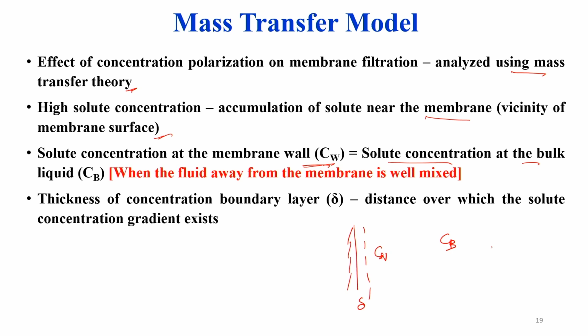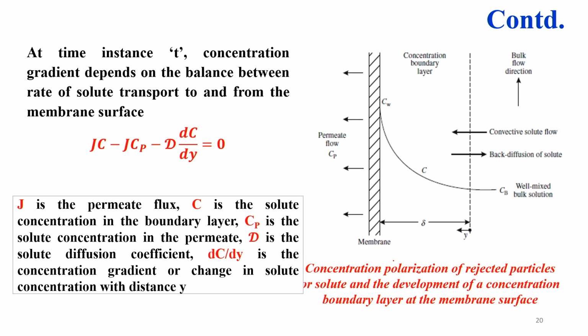For the time being you can consider Cb as Cw, and this is the thickness of the concentration boundary layer. Now, when the solute passes through the membrane, the concentration is Cp.